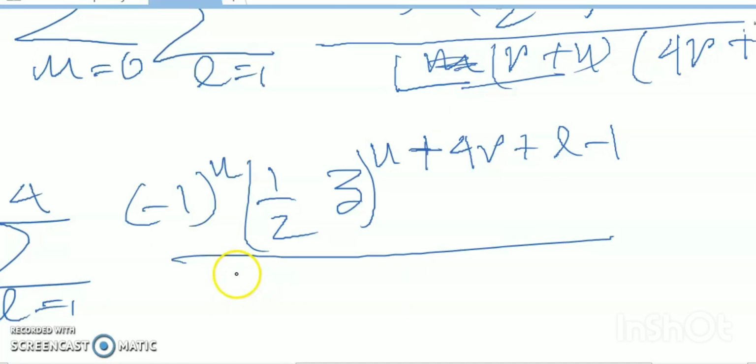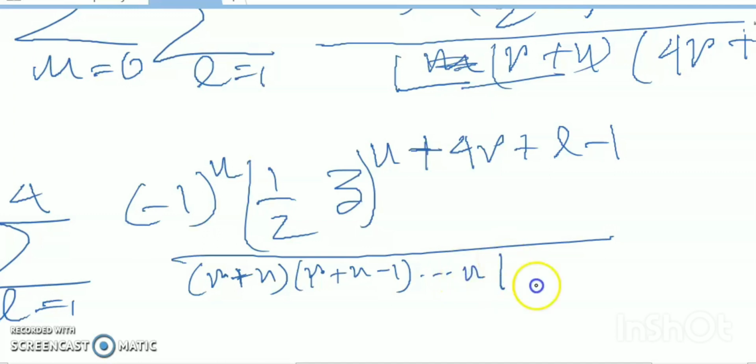You will see the z by 2 to the power n plus 4, and (r plus n) factorial can be written as (r plus n minus 1) up to n into (4r minus 1) factorial, and half into z to the power n plus 2.